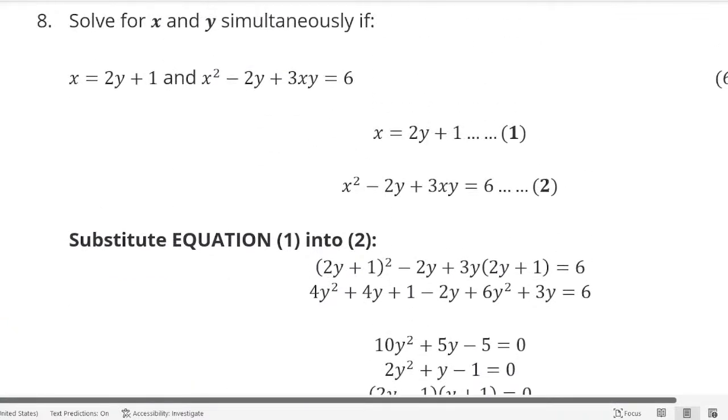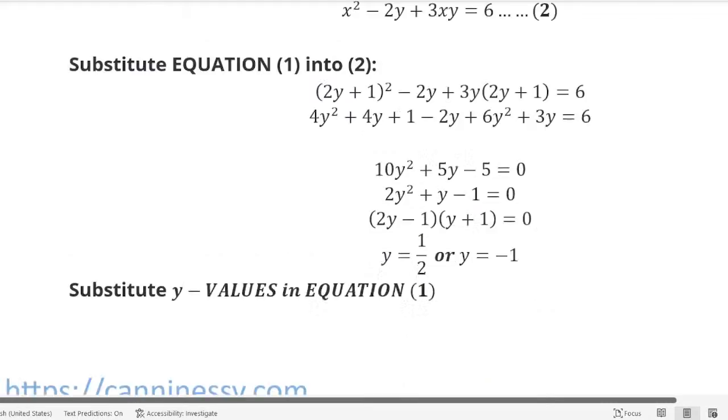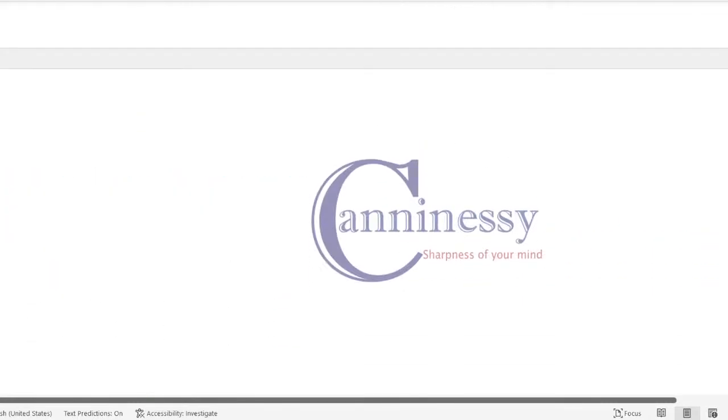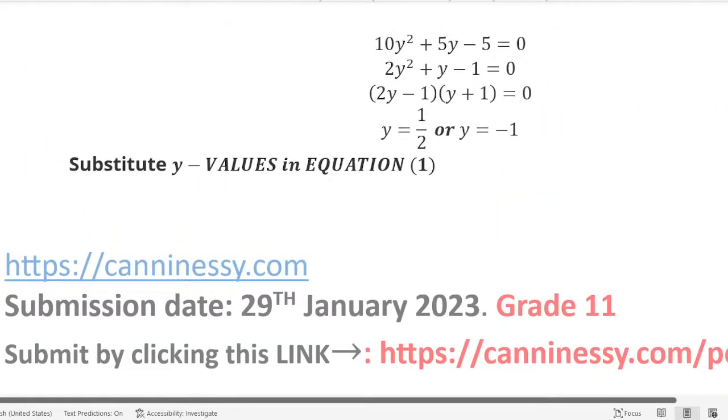Remember, equation 1 was x is equal to 2y plus 1. So substitute y values in equation 1.